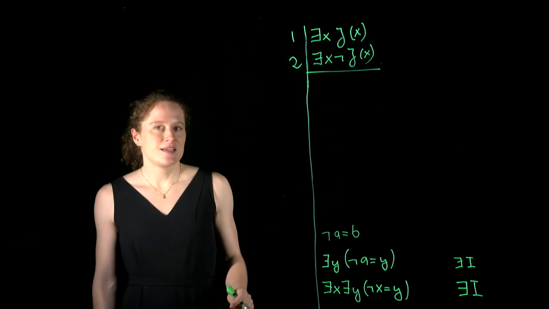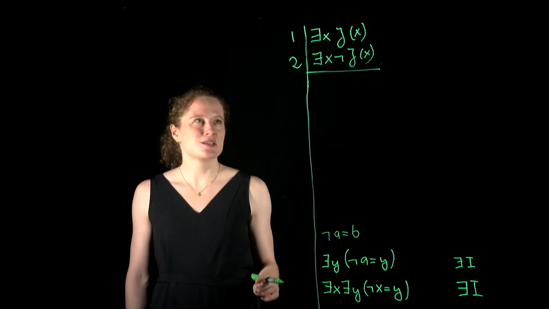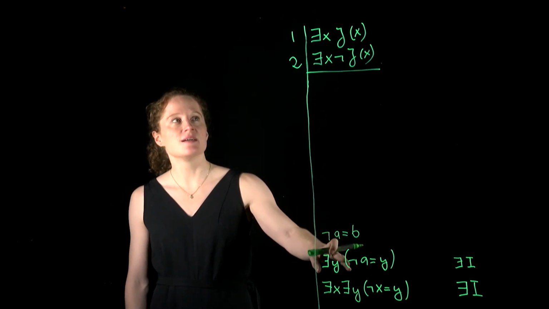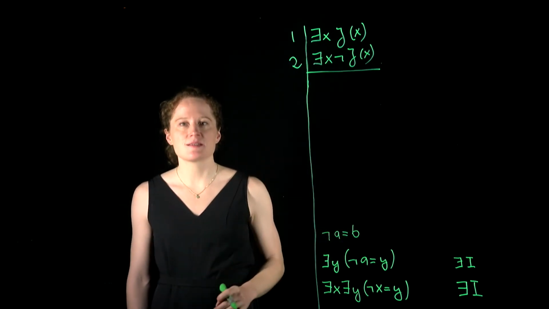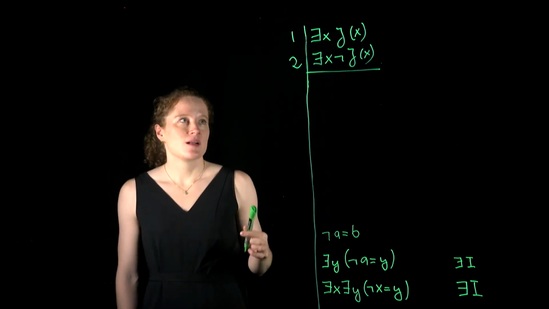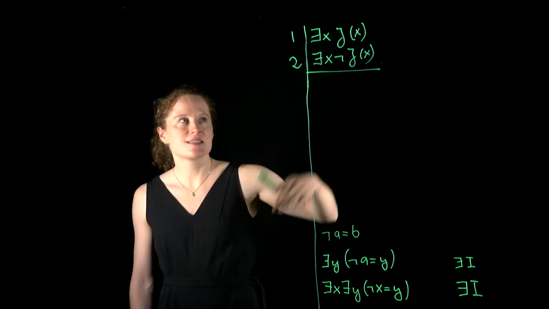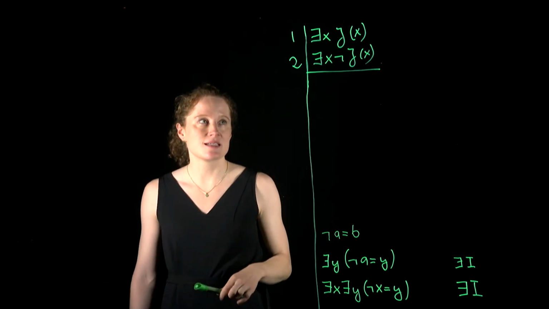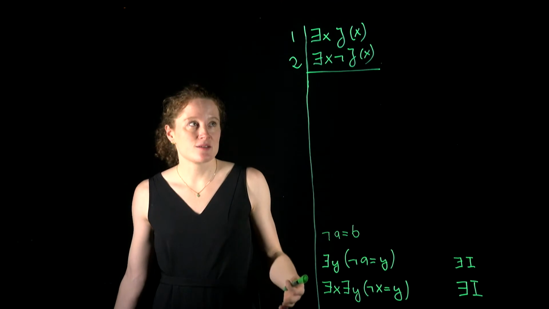But now the issue is that I am not going to be able to prove that a is not identical to b from my two premises. And why is that? Well, the first premise just tells us that some x is j, and the second premise tells us that some x is not j.